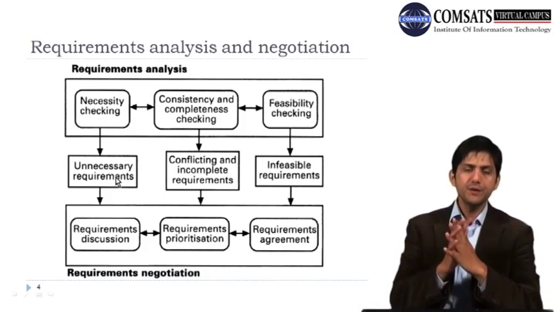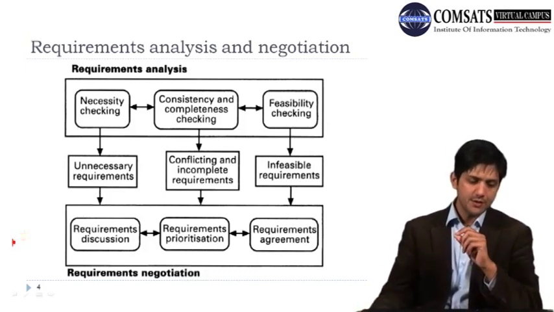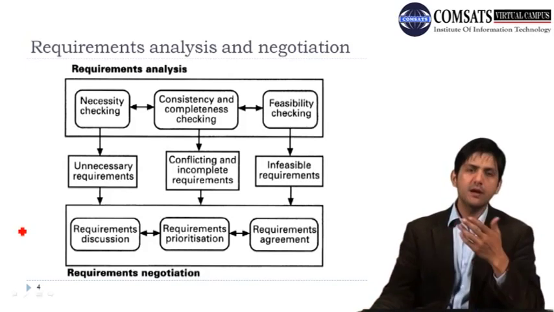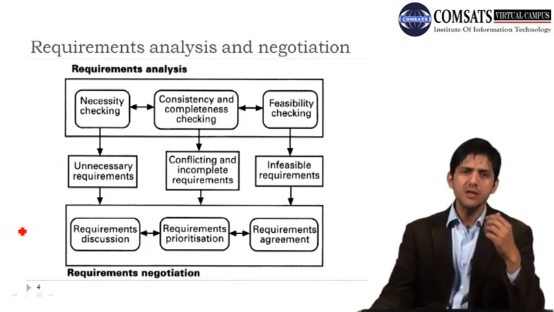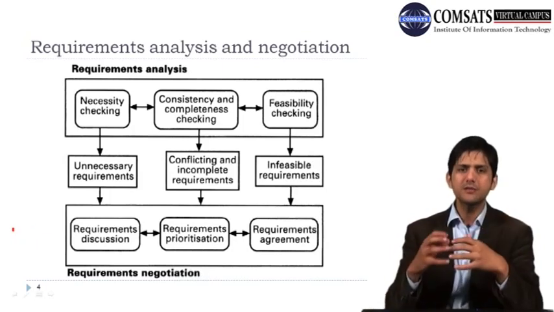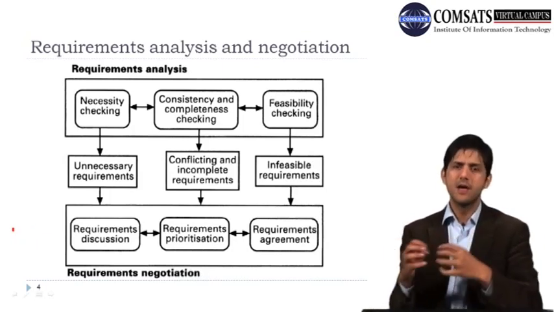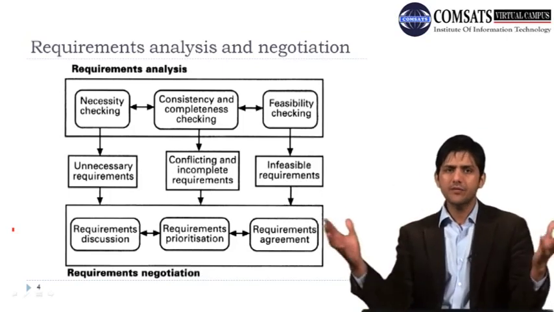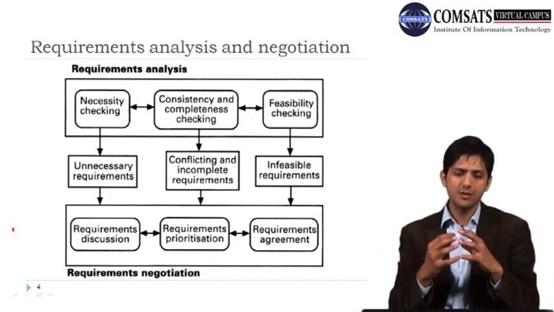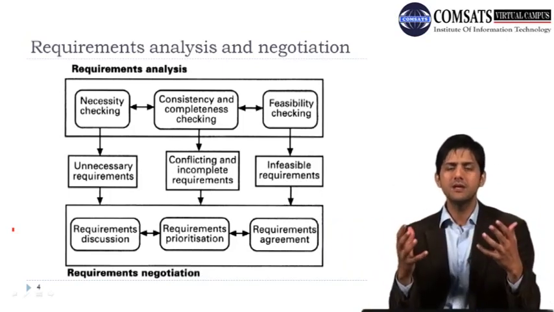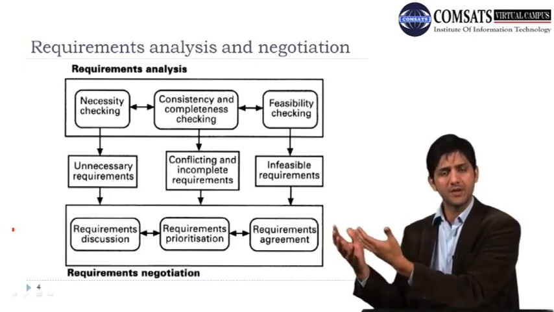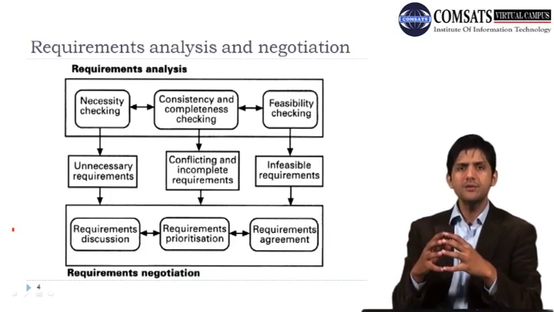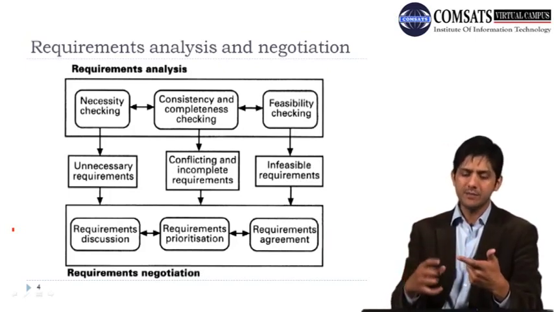Another thing which I want you to remember from our previous lecture is that whenever we are eliciting requirements, elicitation by definition is a process that produces lots of different things, and not all of the requirements we have gathered from different stakeholders will be part of our final specification document, because we are going to elicit lots of requirements which are incomplete.